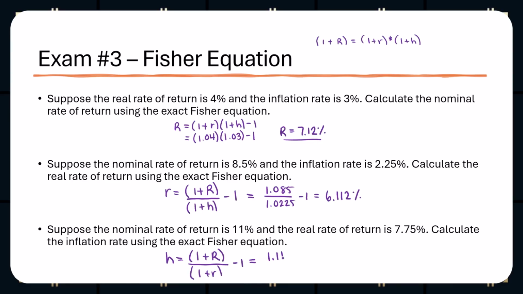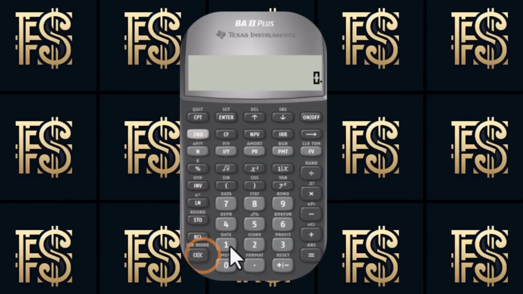That is, we take 1.11 divided by 1.0775 and subtract 1 to find the expected inflation rate. So 1.11 divided by 1.0775, subtract 1, and we find that the inflation rate in this problem is 3.016%.